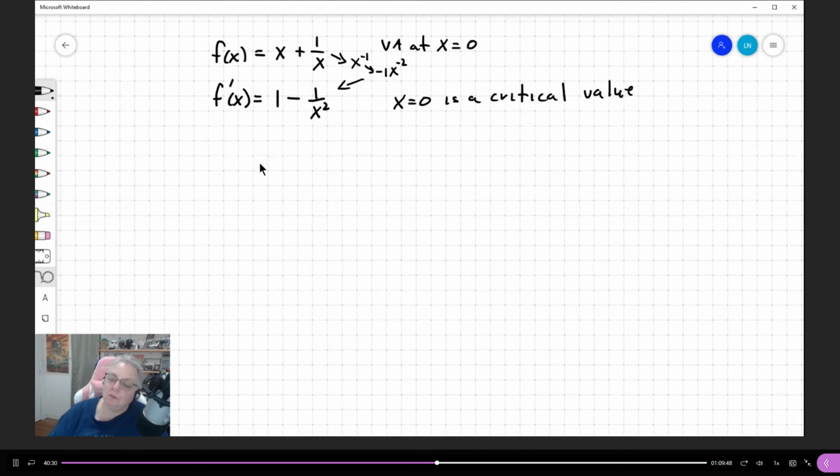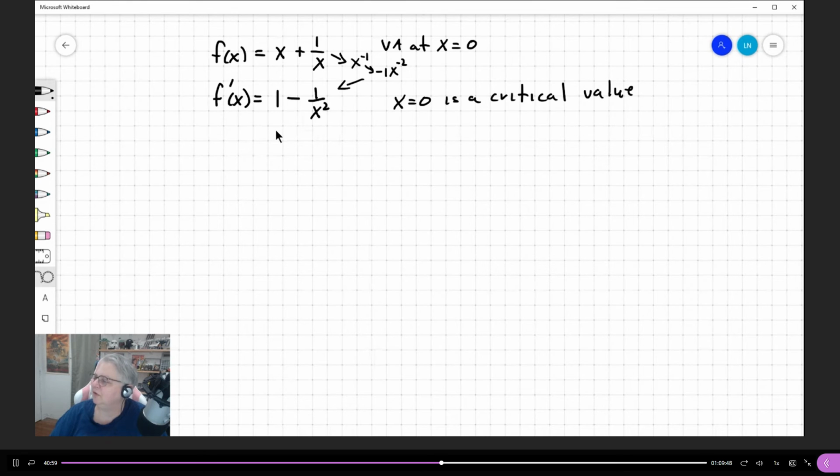All right, but there still might be more, because there's still the possibility that f prime of x could equal 0. The proper way to do this would be to get a common denominator, combine this, and then factor the numerator. You could also set it equal to 0 and cross multiply. If we already know that x can't be 0, then we know we're not multiplying by 0. But I'm actually going to do it this way.